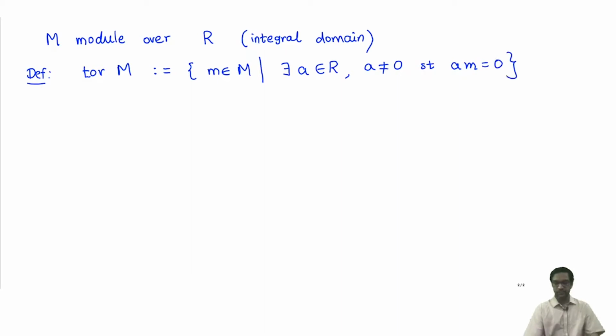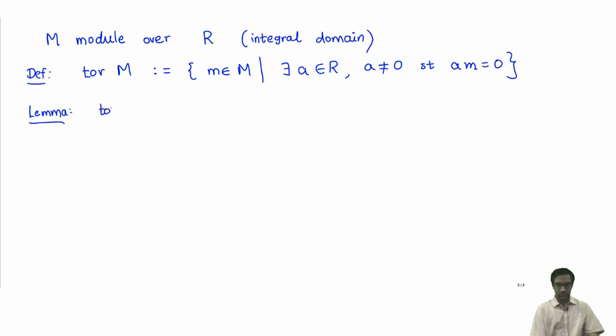So if I scalar multiply m by a, then I get 0 for some non-zero a. The set of all such elements is denoted tor of M. Observe, of course, the element 0 of the module is certainly in tor of M. And in fact, here's a little lemma: tor of M is actually a submodule of M.